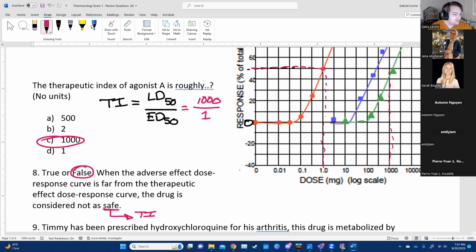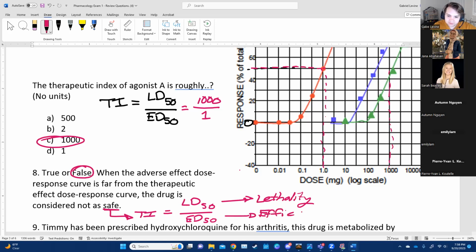That much is known. What we care about more is if they are going to die because of the drug. And remember, the therapeutic index is made up of the LD50 and the ED50. So what we're talking about here is lethality versus efficacy. Nowhere in this equation are we talking about side effects.